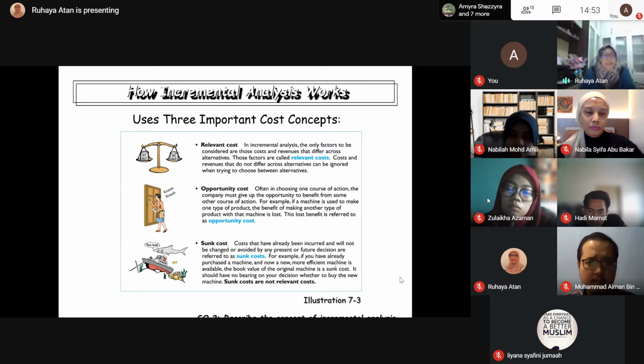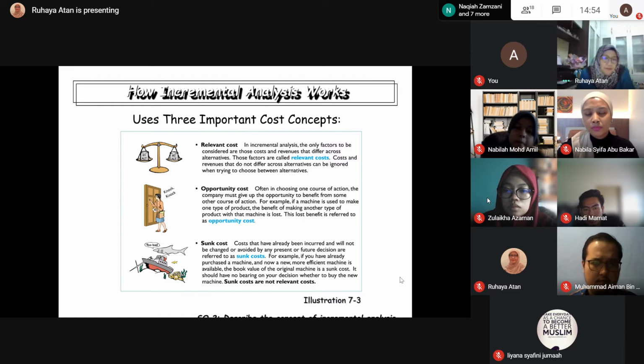But basically, opportunity costs are treated as relevant costs. Okay, because it is included as a cost in making decisions, even though there are no actual costs involved. But it is something that you need to consider also in making your choice.